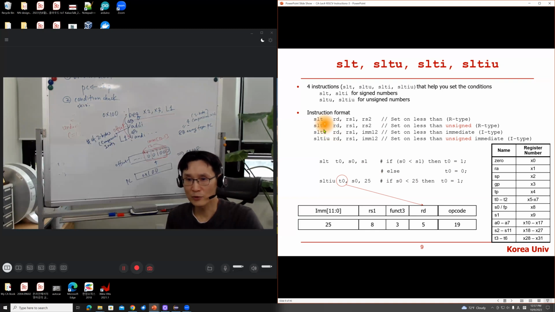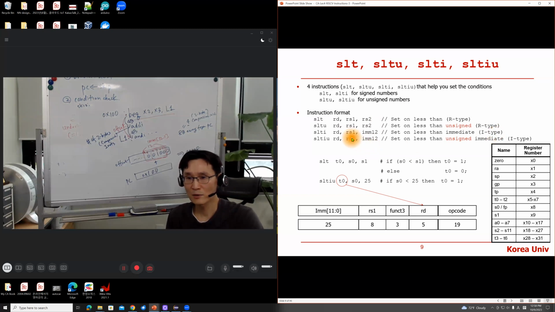If you have a U suffix, then the numbers you are comparing are unsigned numbers. So we have two instructions, SLT and SLTU. And if you have an I suffix, that means the second operand is included in the instruction itself, an I-type encoding.